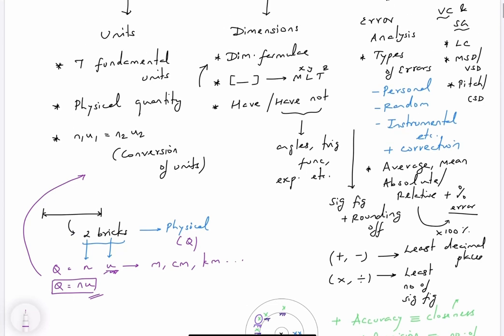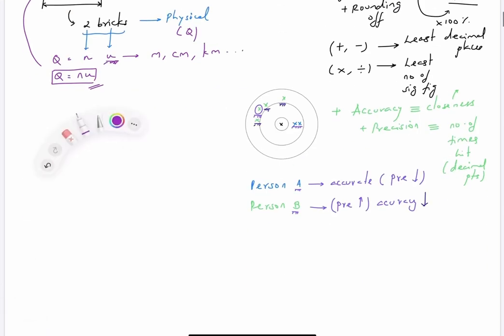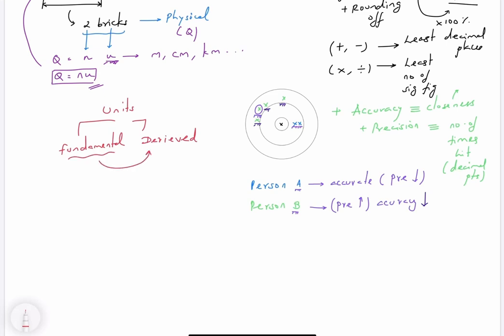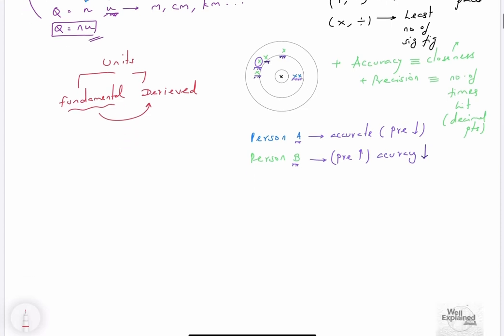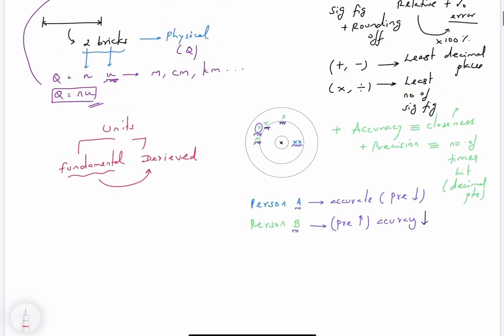And seven fundamental units which are there. Also before that, units are of two types: fundamental, which means that these are the basic building blocks, and then derived ones, which means that from these fundamentals you can make these up, right? Let me give you an example.